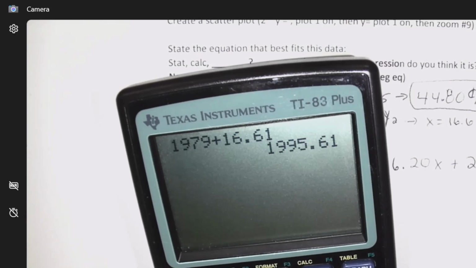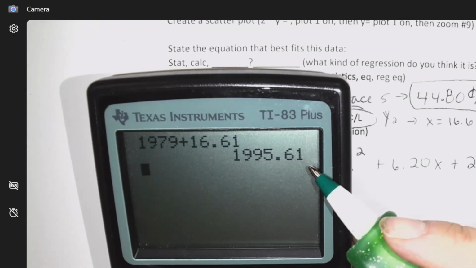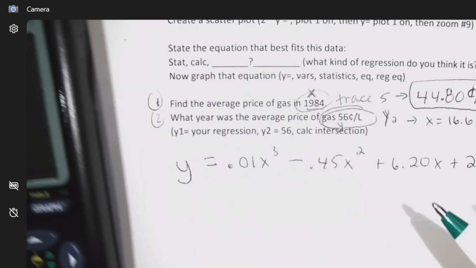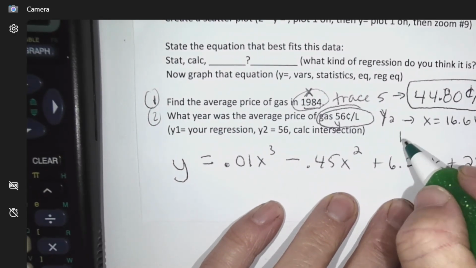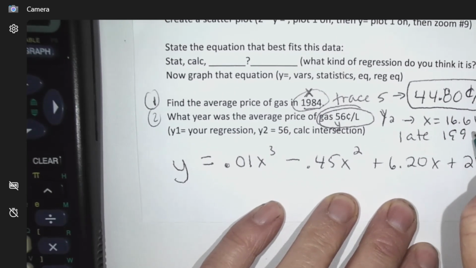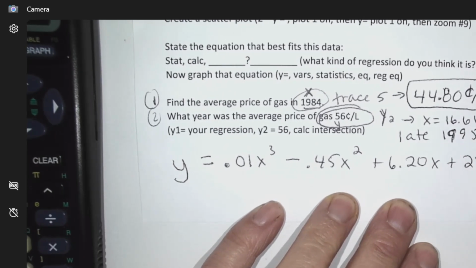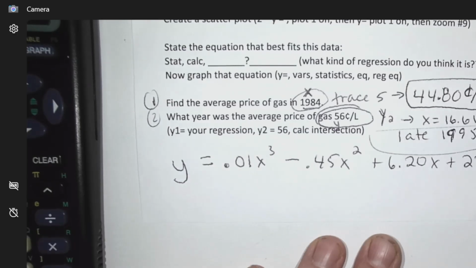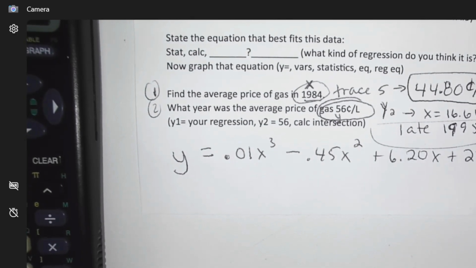You want to say something like that? Because it's over halfway through. So during 1995, it hit that somewhere in the later part of the year. Maybe like August, September, over the half.